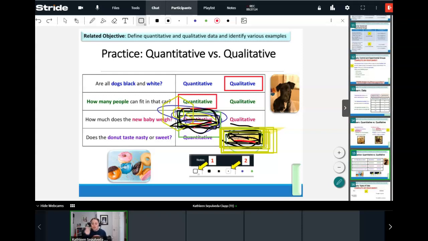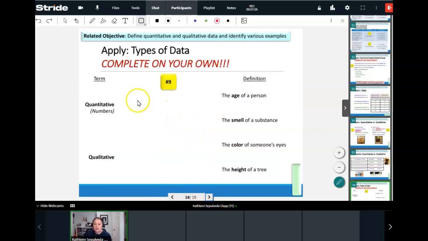I'm going to measure the distance. If I'm measuring something, I'm going to write down a number. I'm going to speak a number. So I'm going to have quantitative data. Excellent job, everybody. Let's take a look at this one now. Quantitative is numbers. Qualitative is qualities. Okay, now I'm going to put that down here. Qualities.